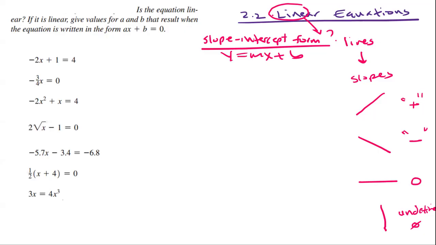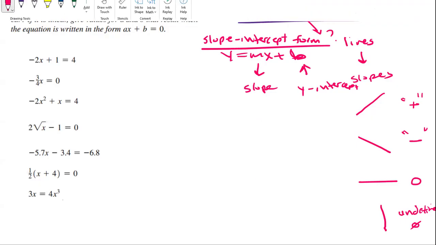You've probably been introduced to this since elementary school. The m right here is our slope. The b is our y-intercept. We just talked about the slope.